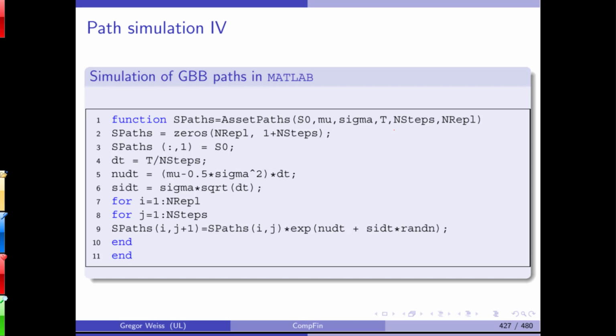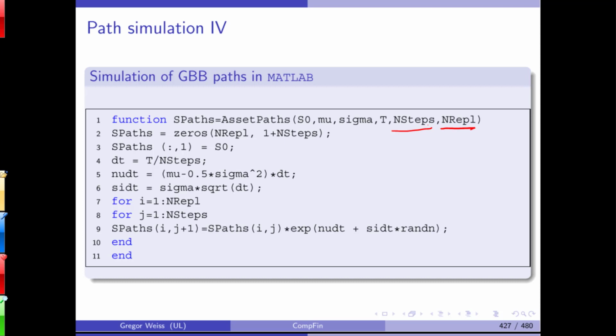And to do this in MATLAB, we need a very simple function. We call it S paths, for paths of the underlying stock S. We start at S0, we need the drift and diffusion, we need the maturity and the number of steps, and we don't want to do it over and over again, but we say simulate n-REPL paths with n steps from this particular geometric Brownian motion.